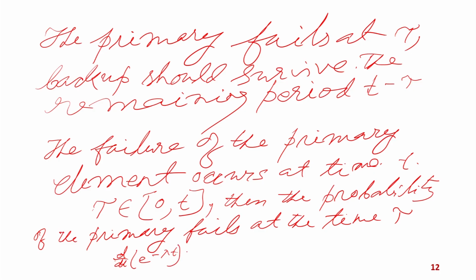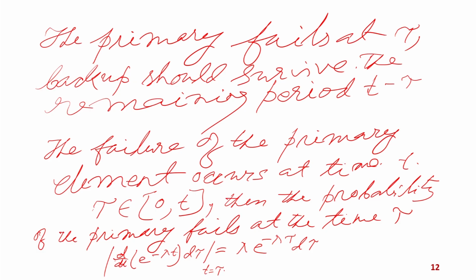So, d by dt of e to the minus lambda t, multiplied by d tau, gives lambda e to the power minus lambda tau d tau, where I am putting t equal to tau.